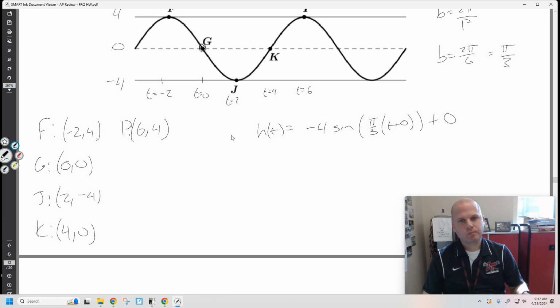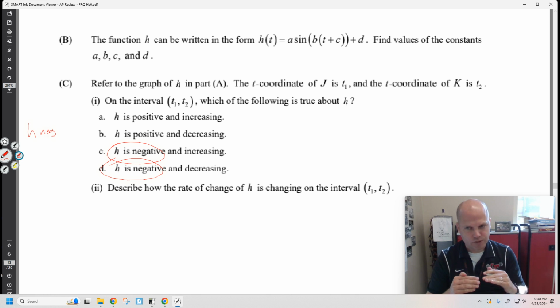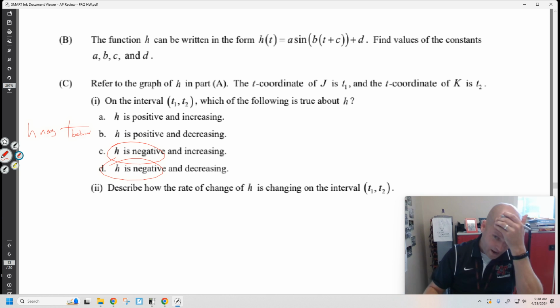All right, sweet. Now, H is below the y-axis. H is negative. If H is negative, we're not talking about H's rates of change. The values of H being negative means the graph is below y equals 0.